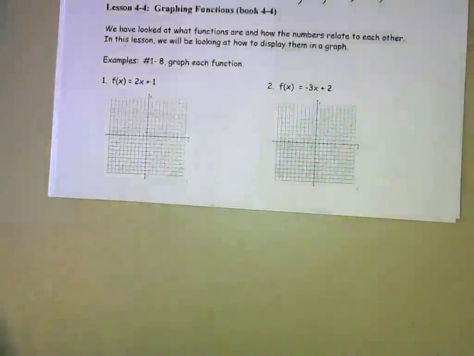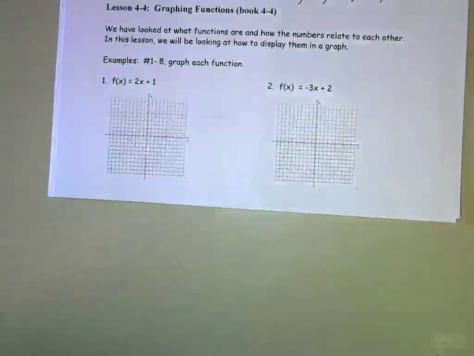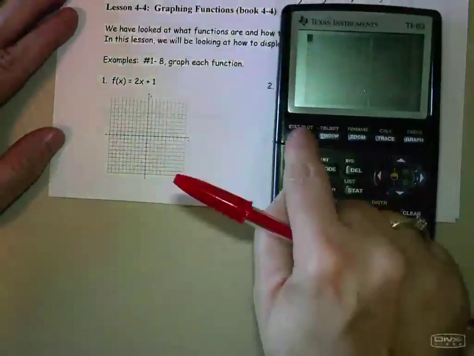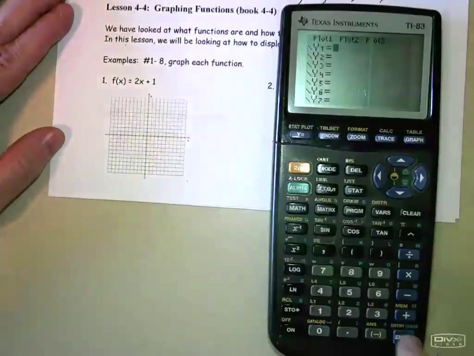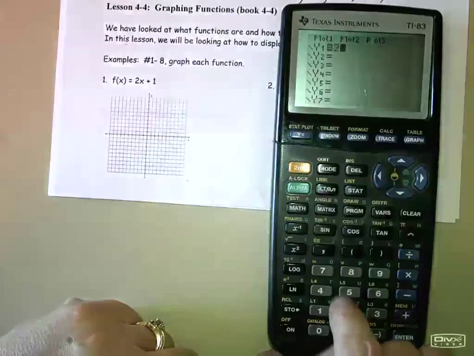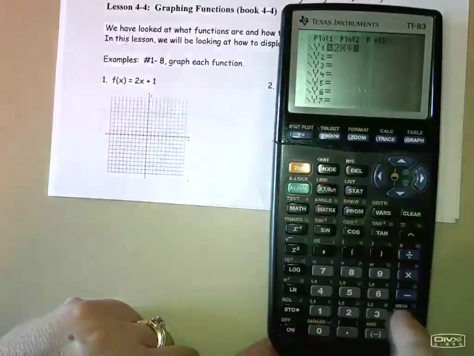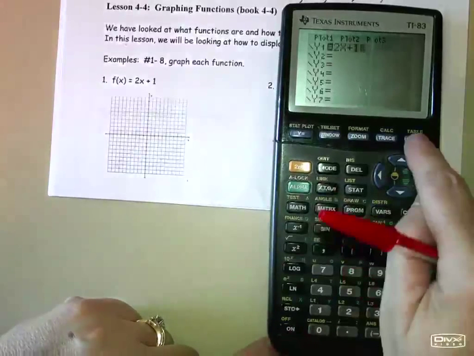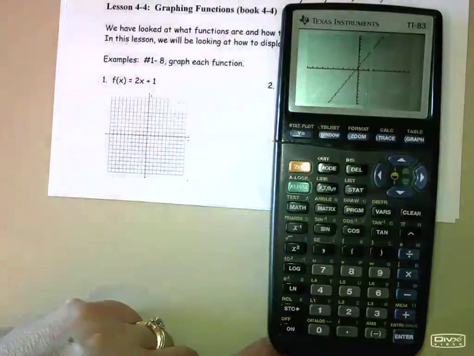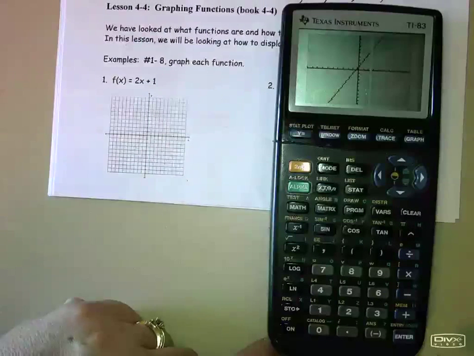Chapter 4, Section 4, we are going to graph these functions, and we can do this with our graphing calculator very nicely. If we go right here to y equals, we can enter 2x plus 1, and then if you hit graph, it actually shows you a graph of what that line looks like.